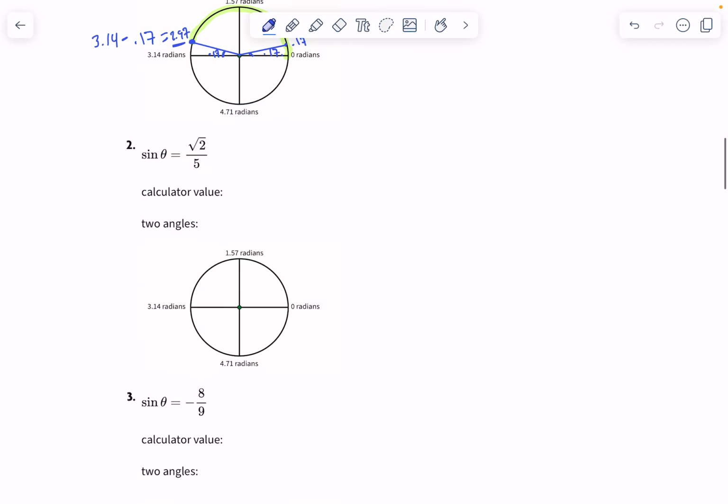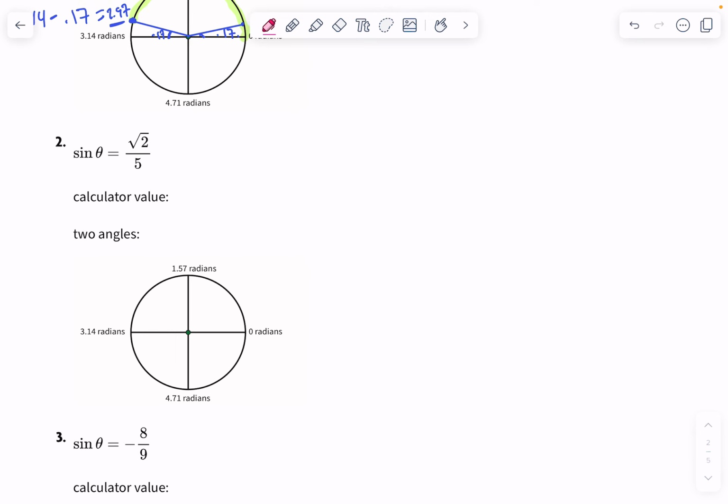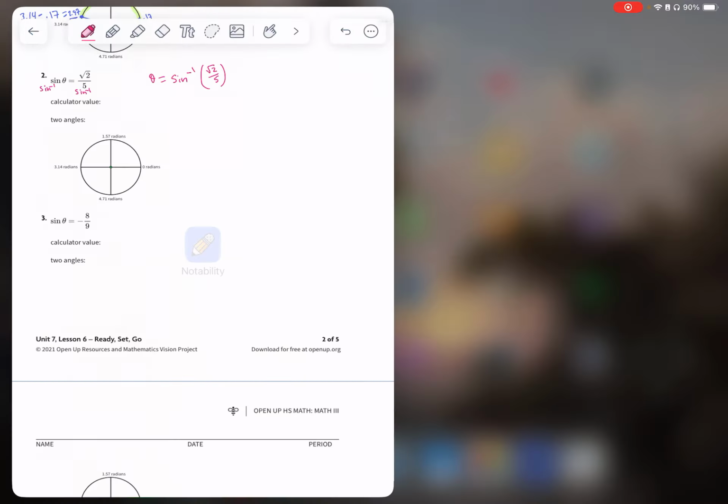Let's talk about number two. So here we have the same concept, right? So how do I get rid of sine? I do sine inverse. What I do to one side, I do to the other. So sine inverse of square root of 2 over 5. Let's crank this out.